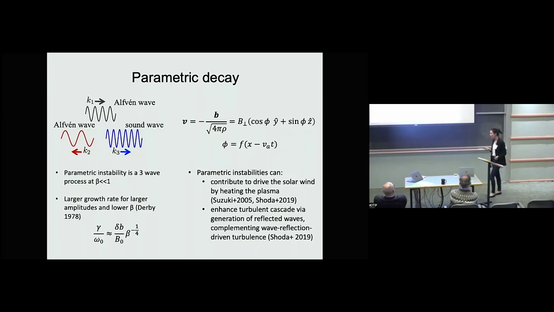And so recently, people have been reevaluating the role of parametric instability very close to the sun, because it has been shown that it can in fact contribute to heat the plasma and push the formation of the solar wind. This process, in fact, is most effective the lower the plasma beta is. So close to the sun is a region that's more favorable to this process.